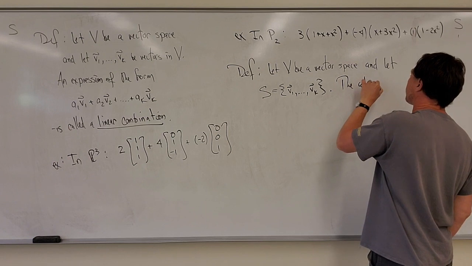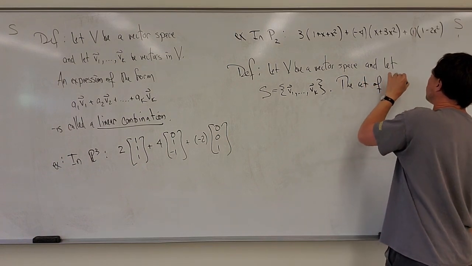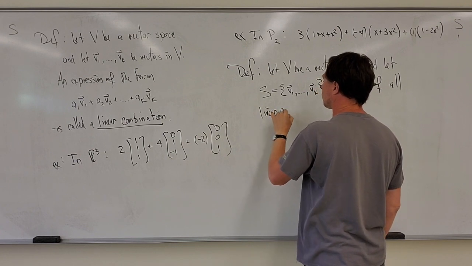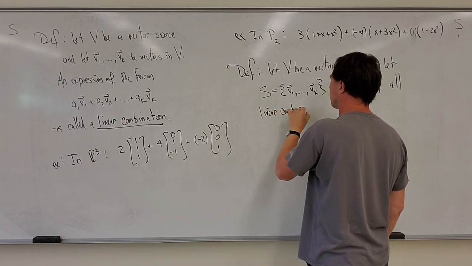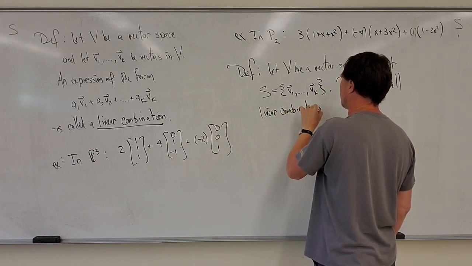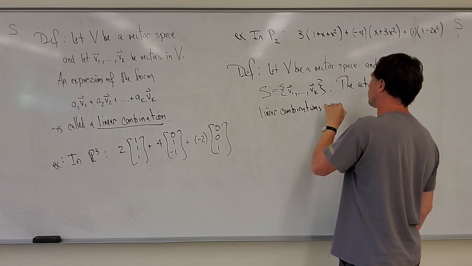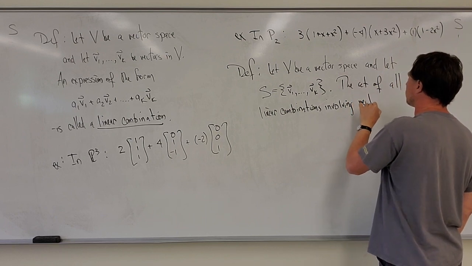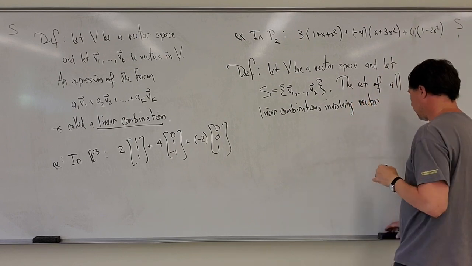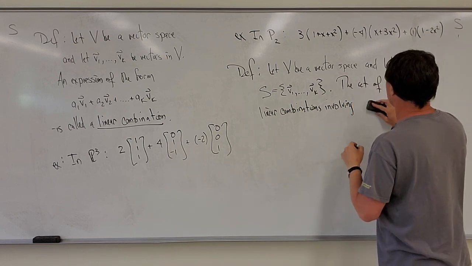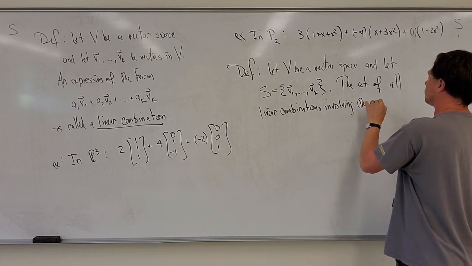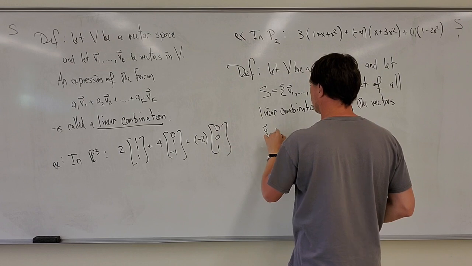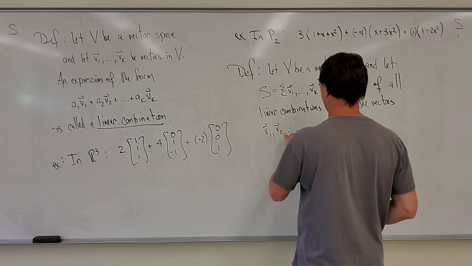The set of all linear combinations involving the vectors V1, V2, up through Vk.